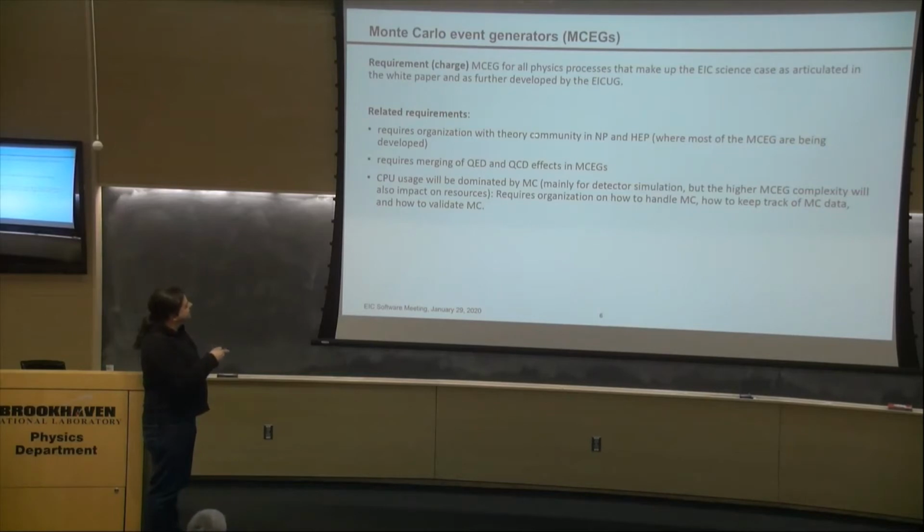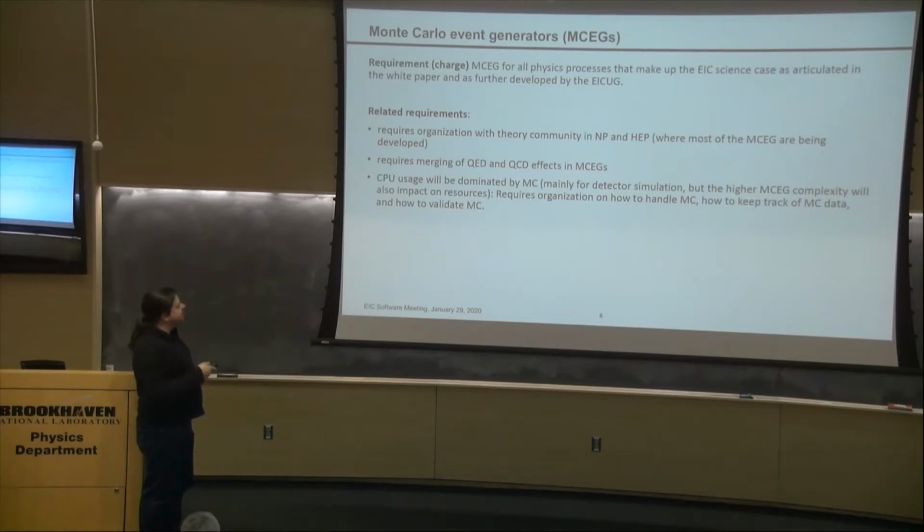We require an organization with the theory community in nuclear physics and HEP. I list HEP because this is where most of the Monte Carlo event generators are being developed. We need a merging of QED and QCD effects in these generators. This is what often is referred to as putting radiative effects in.